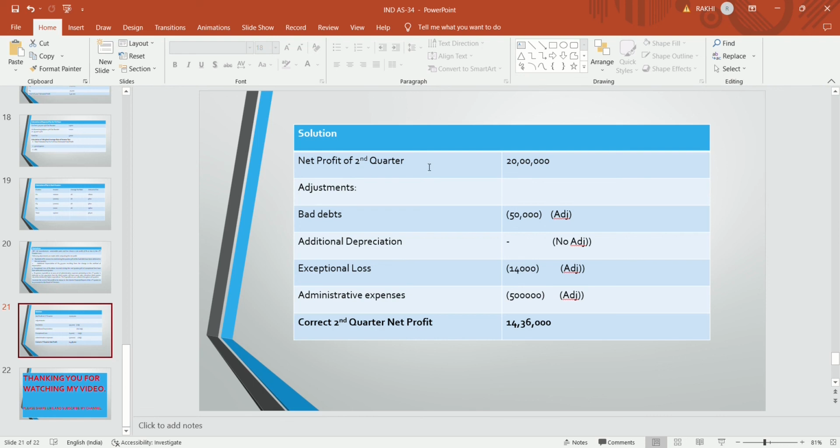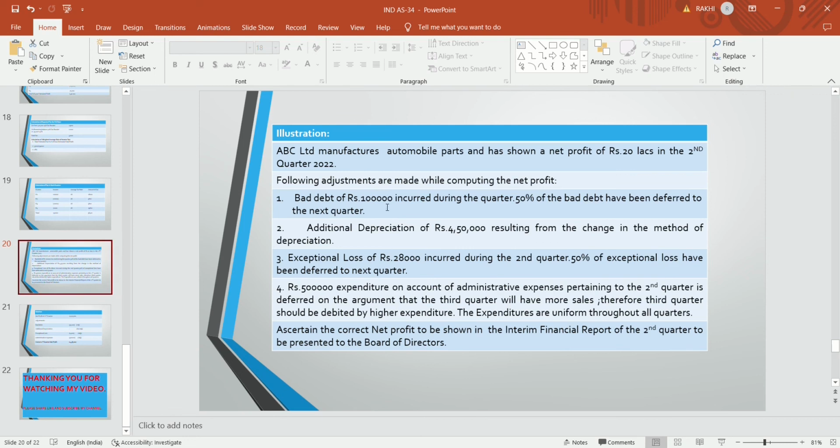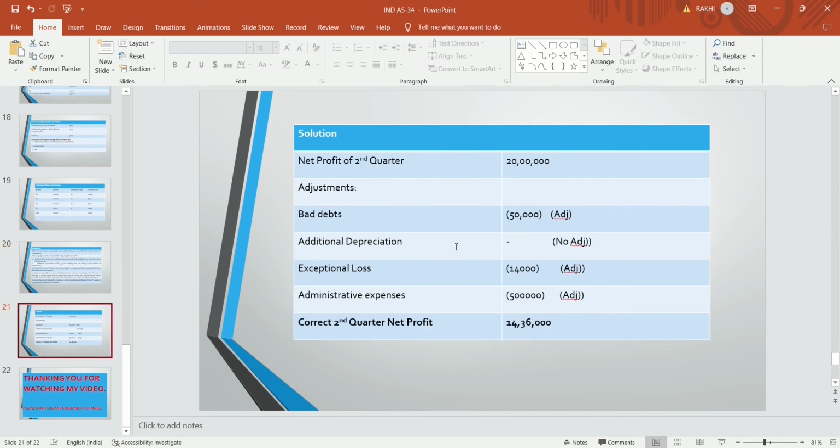Net profit of the second quarter will be 20 lakhs. Adjustments: first, bad debt. The total bad debt incurred is 1 lakh, in which they gave effect to 50,000 but not to the remaining 50,000. So an adjustment of 50,000 is required to be given.